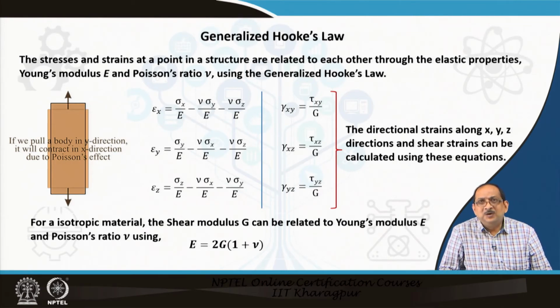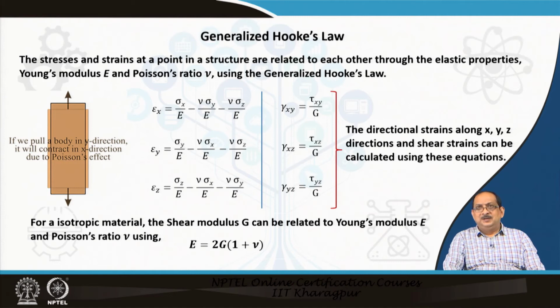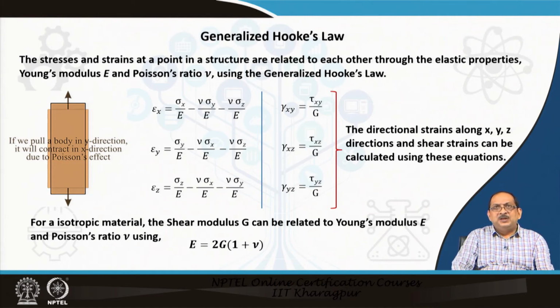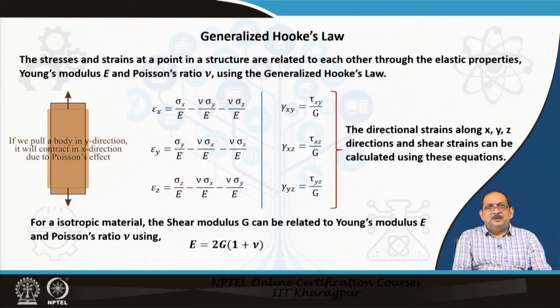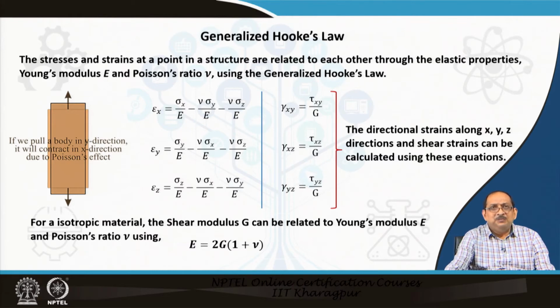Now, let us consider a more generalized state of loading, wherein it is indicated here in the figure that if we pull a body along the y direction, it will tend to contract in the x direction due to the Poisson's ratio effect.